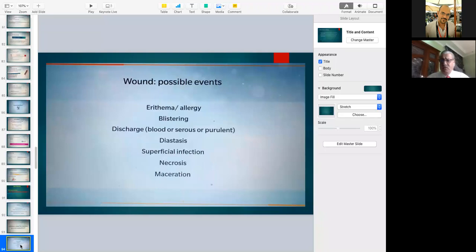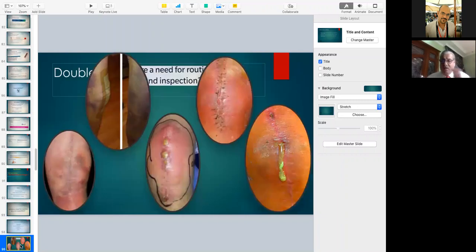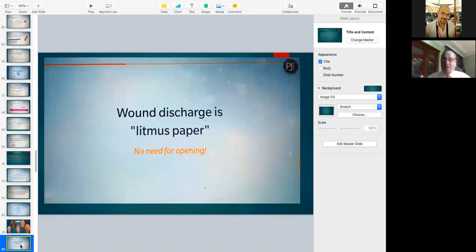What events will you see as a surgeon? Maybe there's erythema, allergy, blistering, or discharge, or sometimes superficial infection, and more advanced, there may be necrosis or maceration, like in this picture, which you may see post-operatively in the ward. But the important thing is wound discharge.